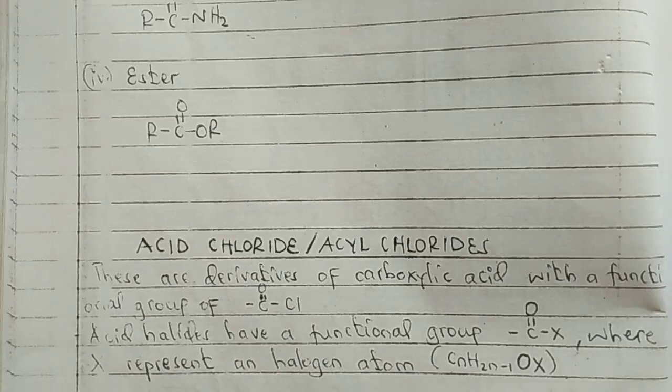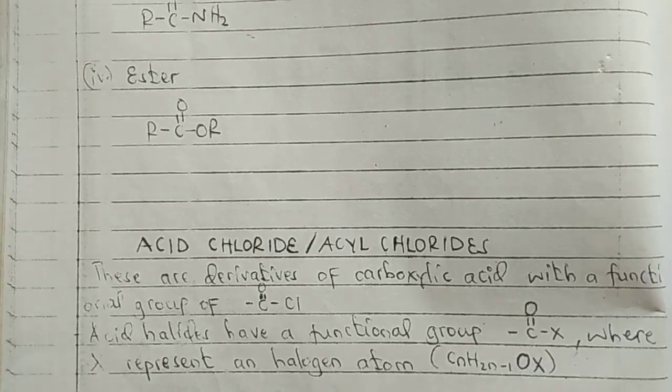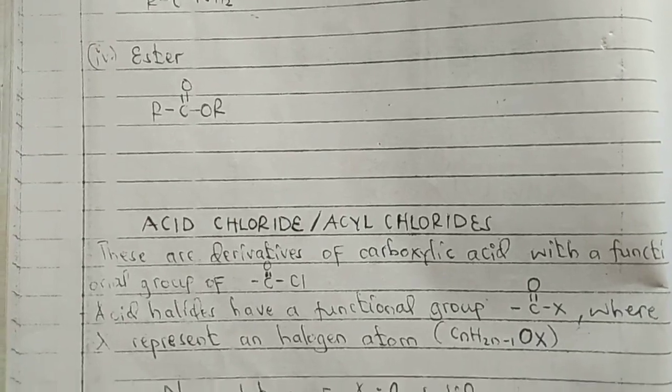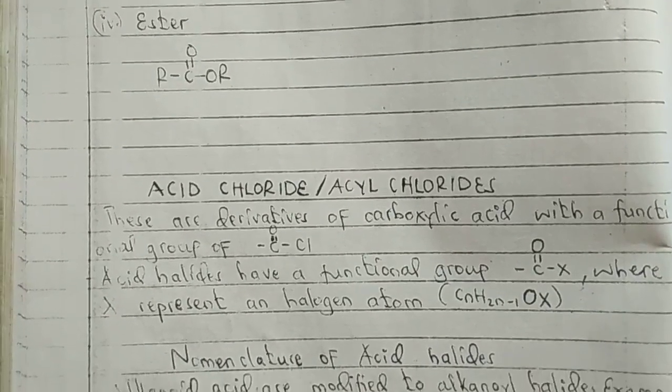So these are the derivatives of carboxylic acid with a functional group of C double oxygen then chlorine. Acid halides have a functional group of C double O X. But here we are specifically talking of chlorine, not all halides.